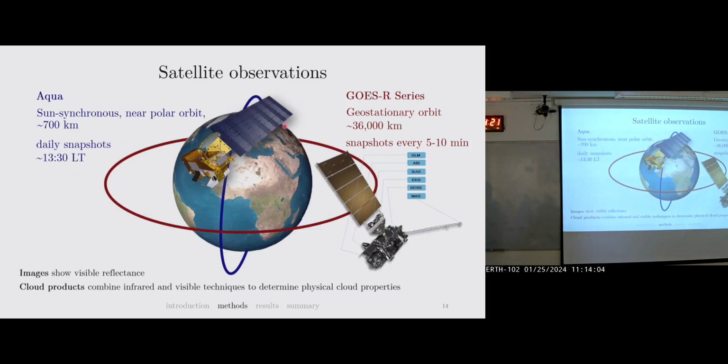For the temporal variation and evolution of these clouds, we are using geostationary satellites, the GOES-R series, GOES 16 and GOES 17, which, depending on where we're looking over the land, can provide us with snapshots every 5 or 10 minutes. And we're not only using images, we're also using cloud products that combine spectral information, both from the infrared and from the visible channels.